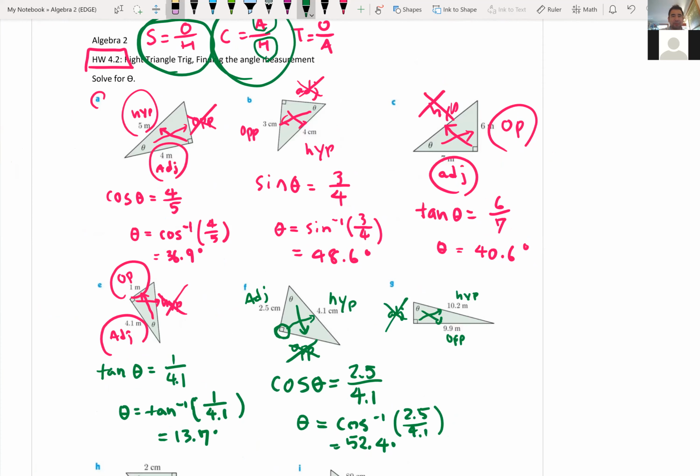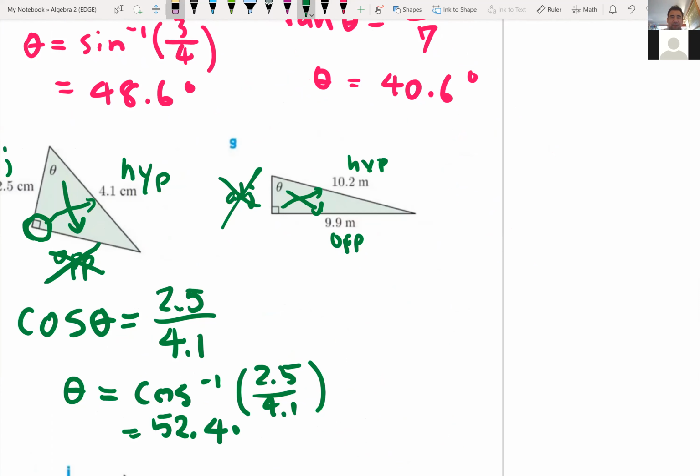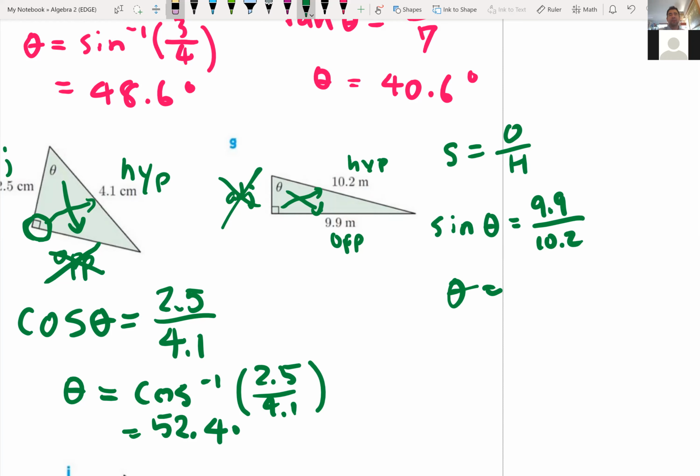This is a sine problem, SOH. So sine of theta equals opposite over hypotenuse, 9.9 over 10.2. The inverse: inverse sine of 9.9 divided by 10.2 is 76.1.